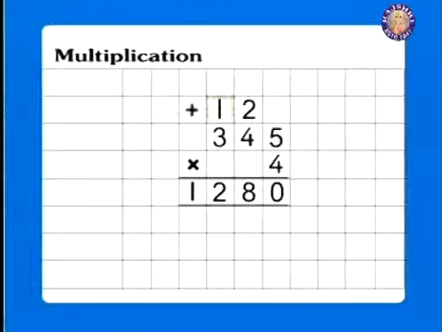Again, add 1 to 12 to get 13. So finally, the answer to 345 times 4 is 1380. Whew! That was some nifty piece of multiplication work, wasn't it, folks? Practice it again to master it.